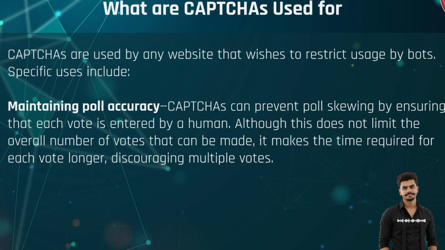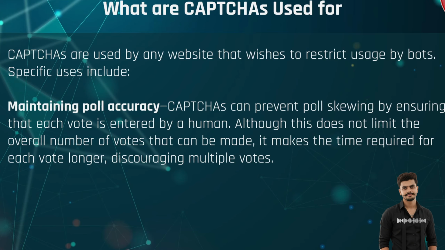Even that can be done. So in order to avoid this kind of circumstance, the CAPTCHA system was implemented. Most of the time a poll can be easily manipulated by the use of bots which act as fake humans, and they may cast fake votes.